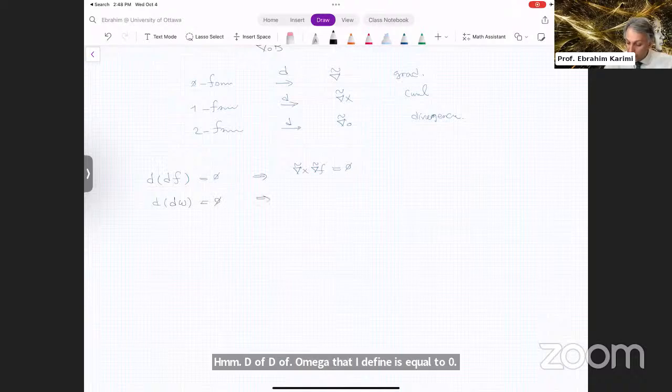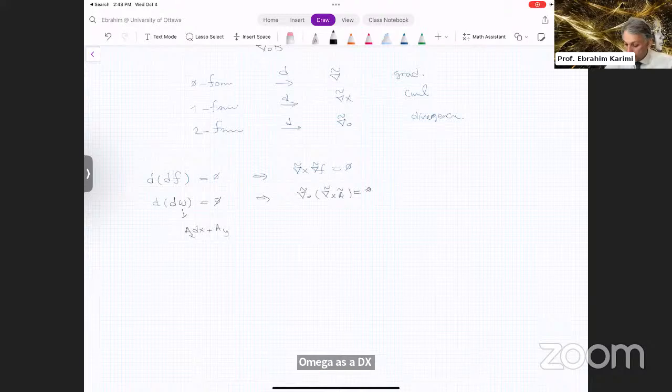Then from here you will get the divergence of curl of A is equal to zero. And remember, you have to write omega as Ax dx, Ay dy, Az dz. That's the beauty, again, of differential geometry.